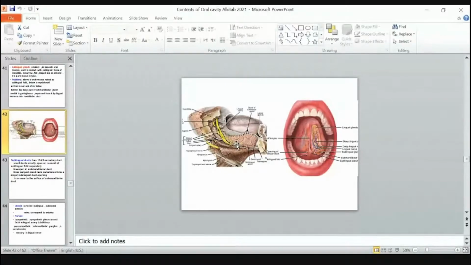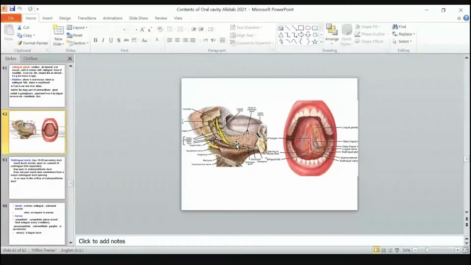So the three salivary glands, parotid, submandibular and sublingual, receive parasympathetic supply, which is secretomotor, and receive sympathetic supply, which is inhibitory for their secretion.